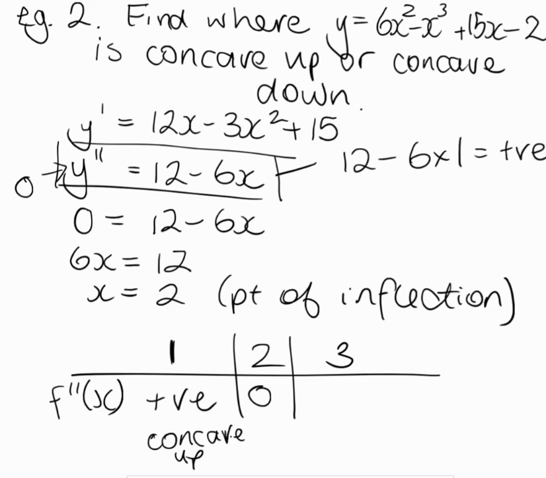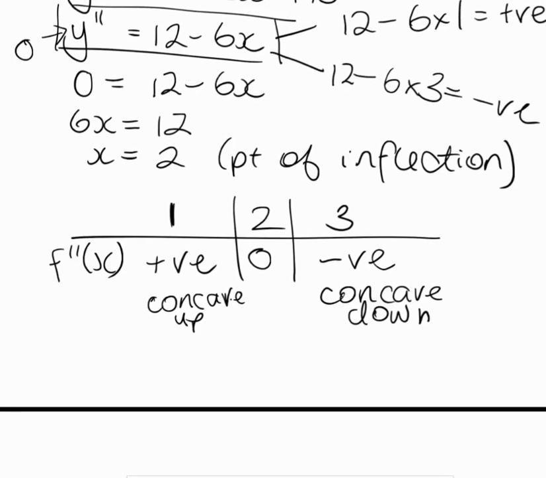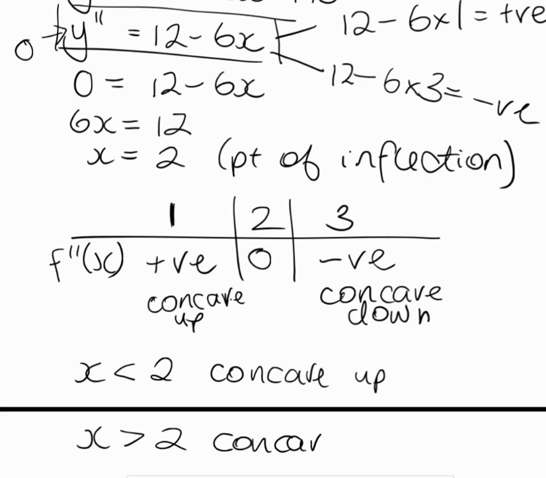If we look at 3, we've got 12 minus 6 times 3. 12 minus 18 is negative, so that must mean it's concave down. So if we were to write these formally, when x is less than 2, it's concave up. And when x is greater than 2, it's concave down. Okay, so that's how you look at concavity and what the second derivative does.